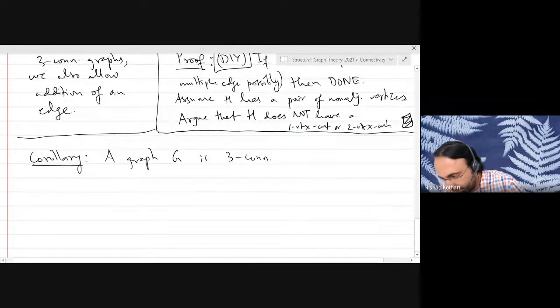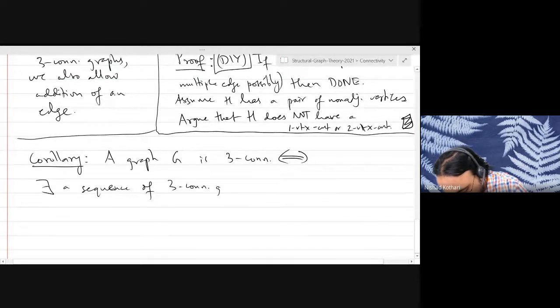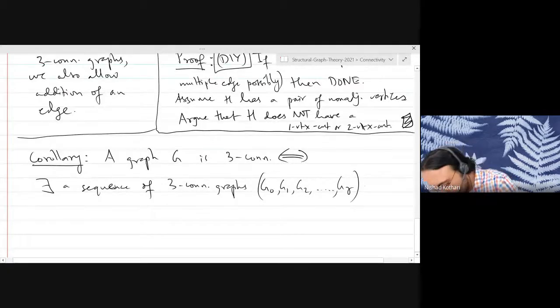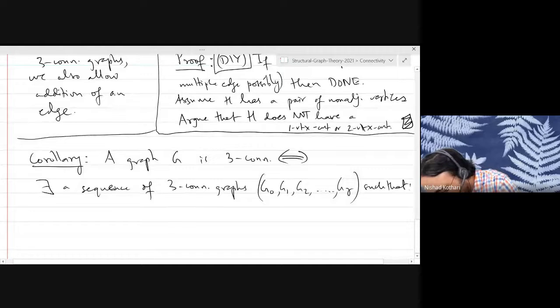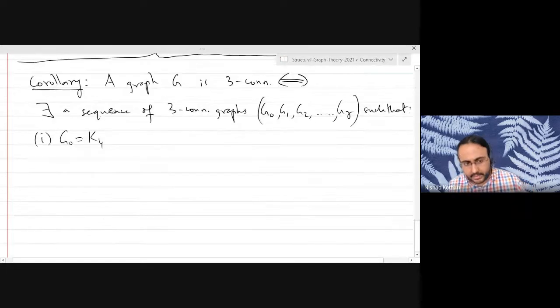A graph G is 3 connected if and only if there exists a sequence of 3 connected graphs G0, G1, G2 up to GR, such that the first graph in the sequence is K4, which is the smallest 3 connected simple graph.